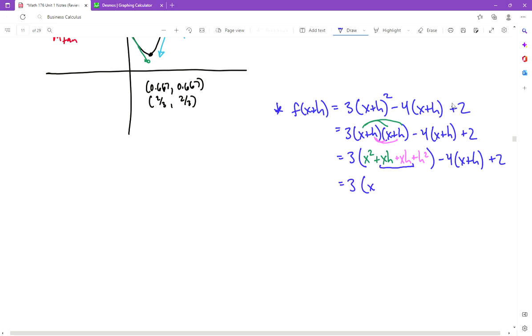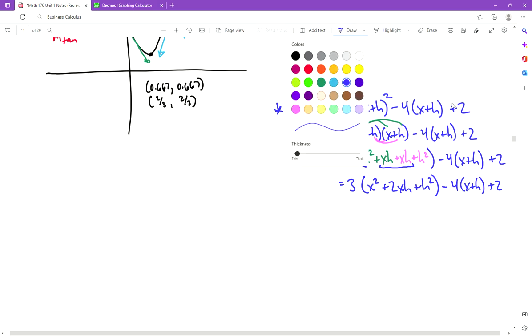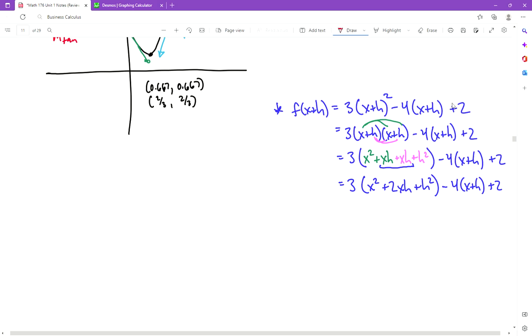So 3 parentheses x squared plus 2xh plus h squared, and then still minus 4x plus h plus 2. And then now we'll distribute those numerical parts outside the parentheses, 3 distributes, negative 4 distributes.